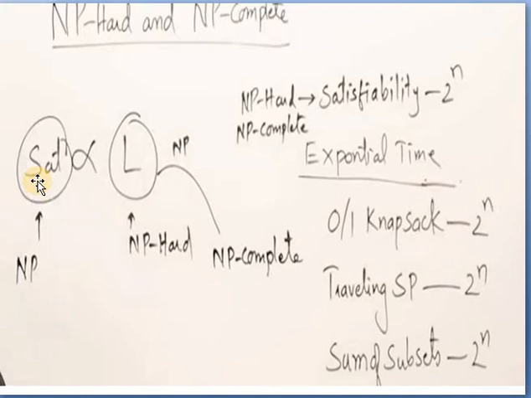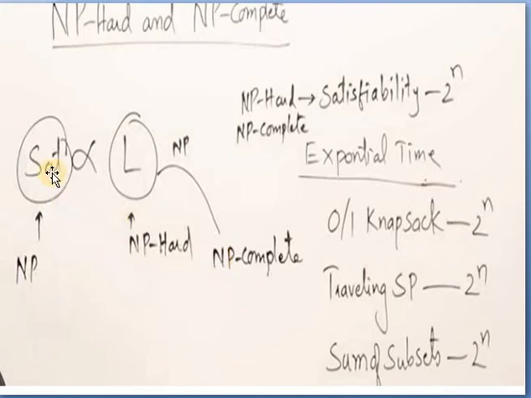Satisfiability is a well-known problem which has a non-deterministic polynomial time algorithm. If I convert this satisfiability problem into another problem L in this given list, then that problem also becomes NP hard. And if I write the non-deterministic polynomial algorithm for that problem L, then it enters into the NP complete category. So this is very important, what I am saying.